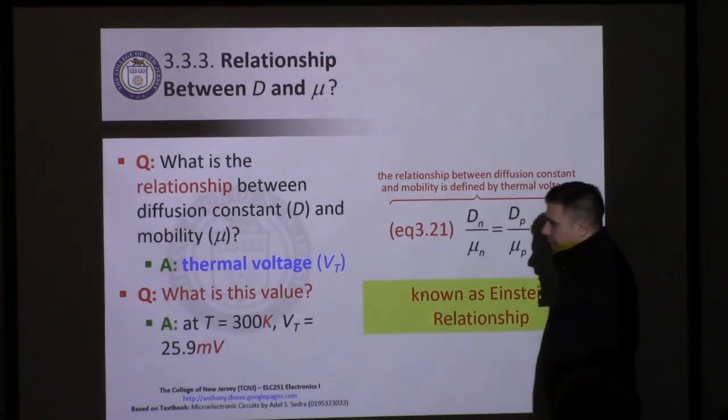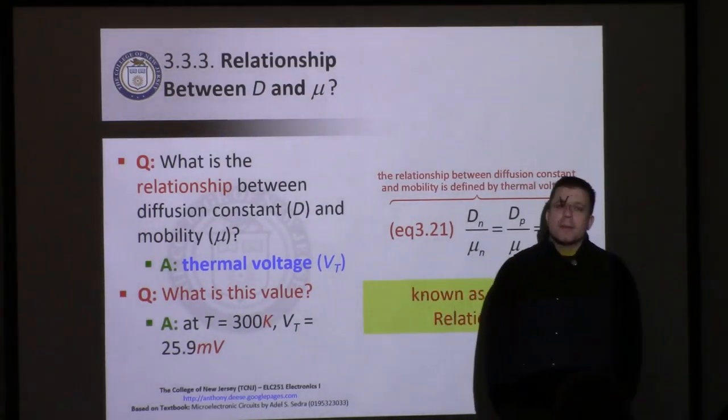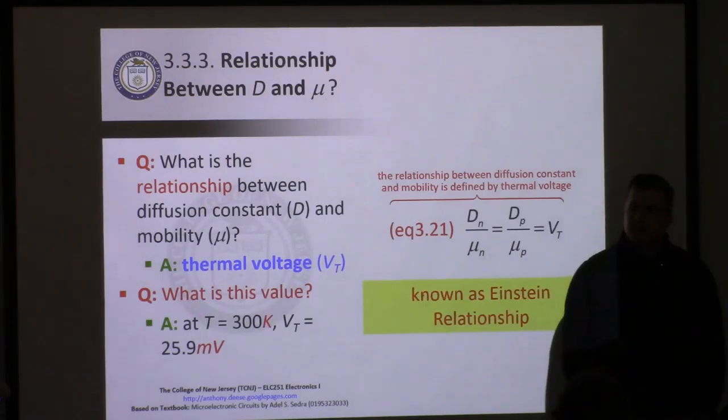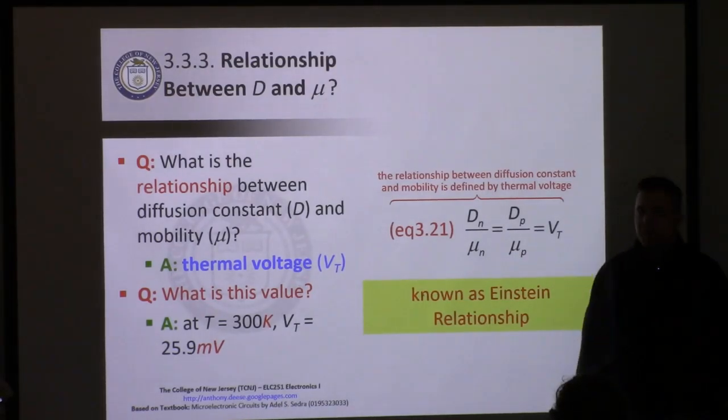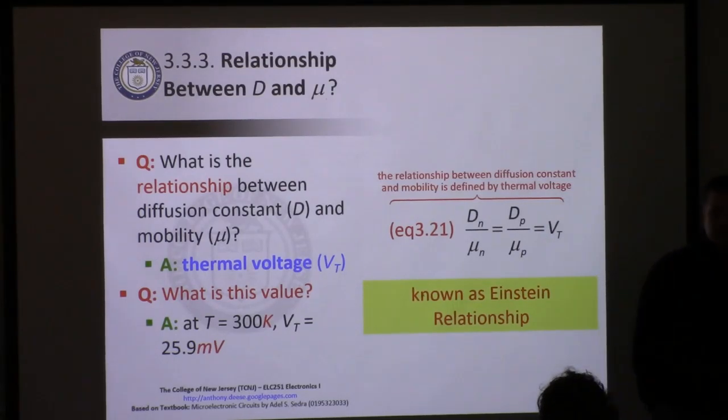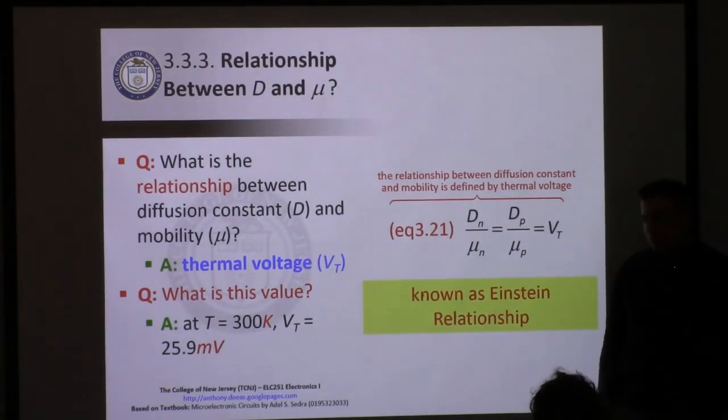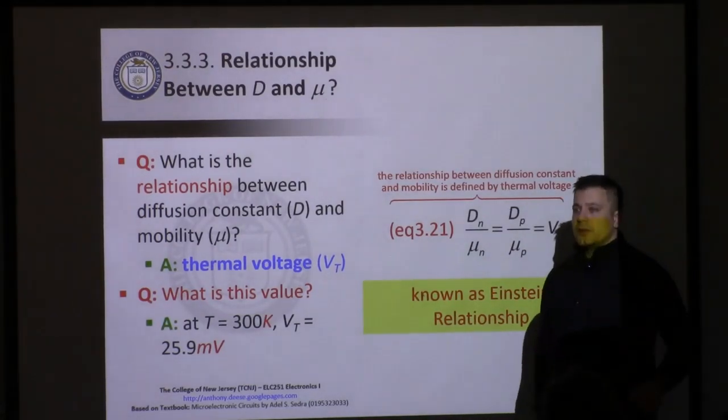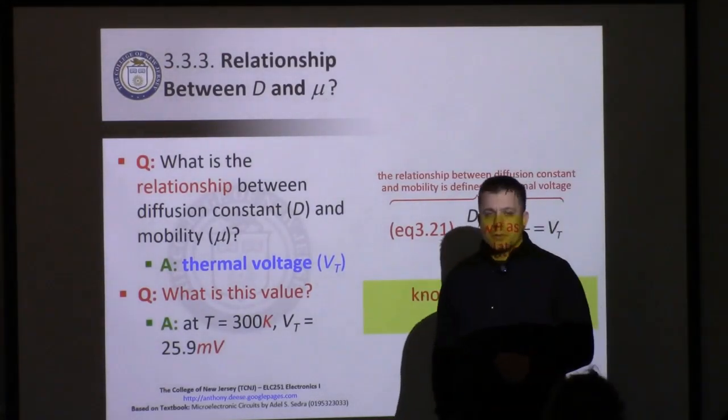I think I mentioned this last time. I'm not sure if you remember. But there is a relationship between the diffusion constants and the mobilities, because they both describe, in one way or another, the likelihood or the resistance to making these particles move.